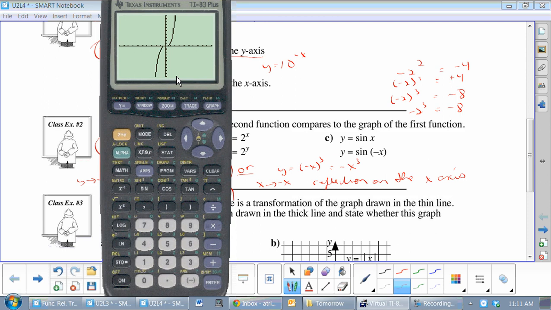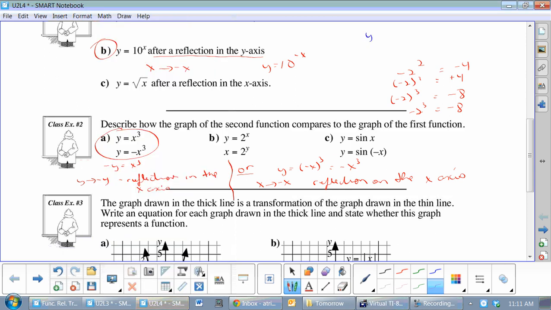Now, here's another one that I want you to look at. Tell me which reflection would give that exact same graph. Which reflection? A reflection on the y-axis. Okay, let's talk about that. So this is a y equals x squared graph, correct?